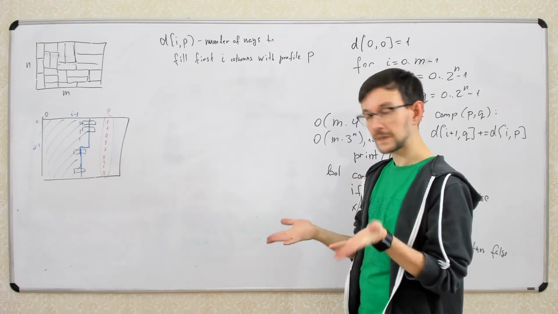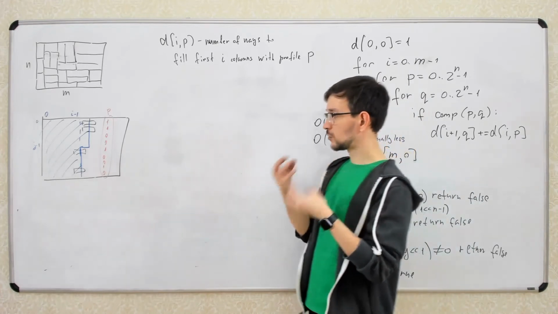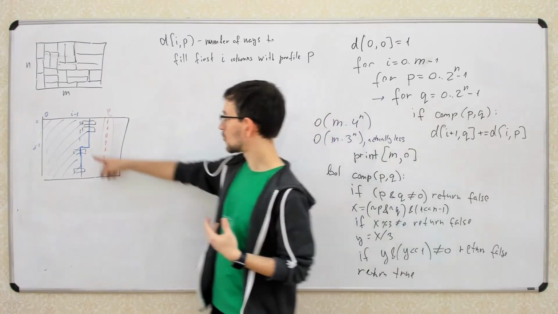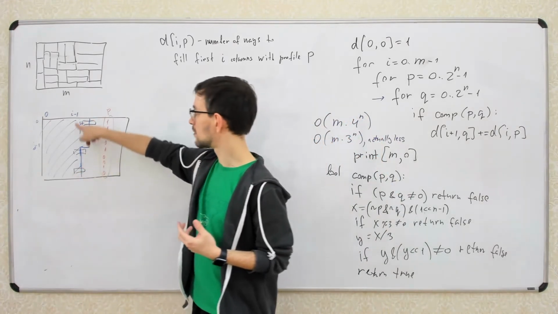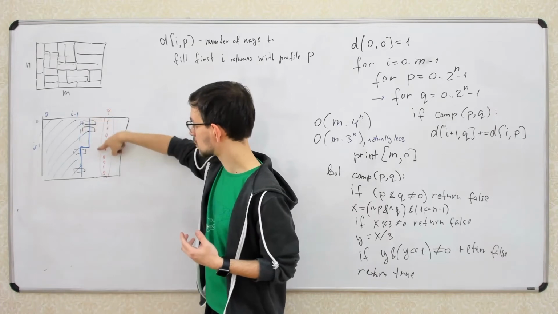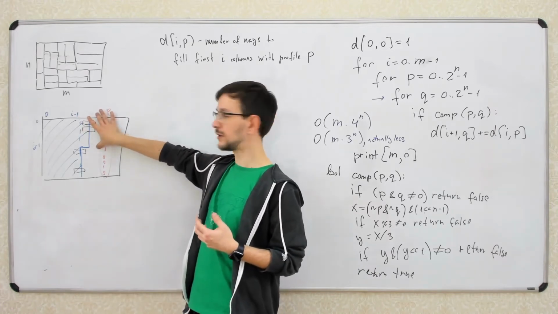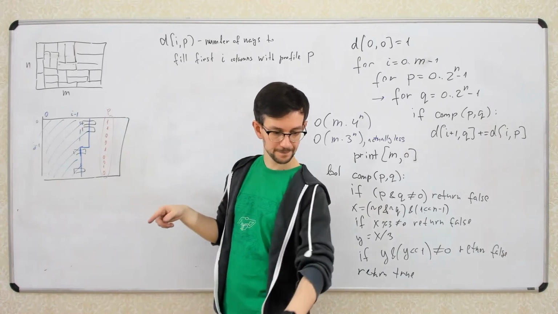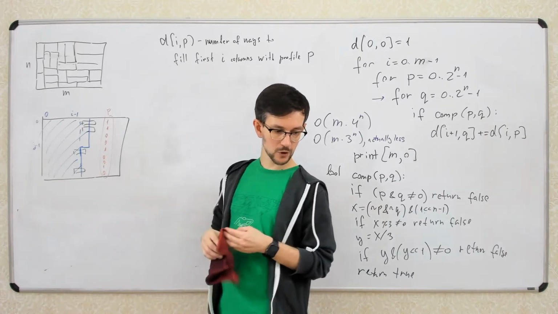That's all. Now, our state of dynamic programming is described by three numbers. The number of columns we already filled, this number I. The number of squares in the next column we already filled, this number J. And this profile P. DP means dynamic programming.